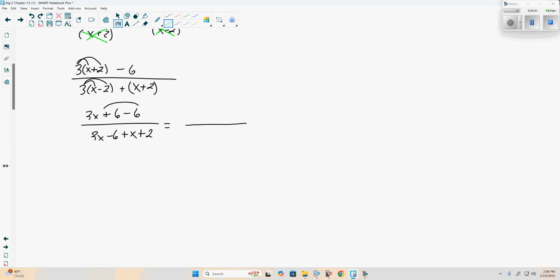Now, on top is nice because our 6 minus 6 is 0, leaving us with 3x. On bottom, 3x plus x is 4x. Negative 6 plus 2 is negative 4.